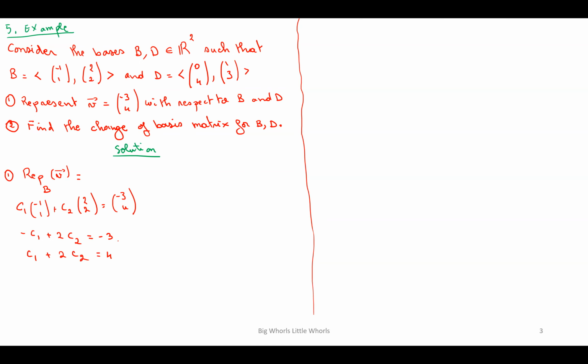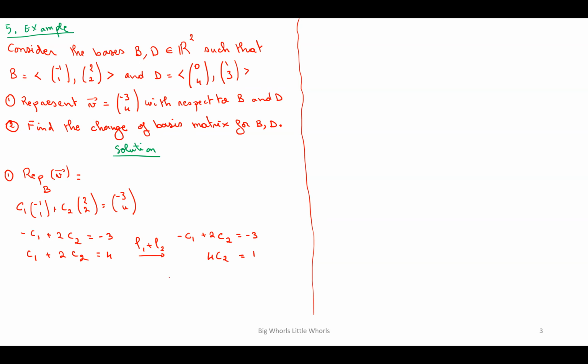Okay, we can perform Gauss. So we have row 1 plus row 2. That's why we have done the Gauss method, to be able to solve linear systems of equations. So we have 2C2 = -3 + 4... that is, 4C2 = 1.